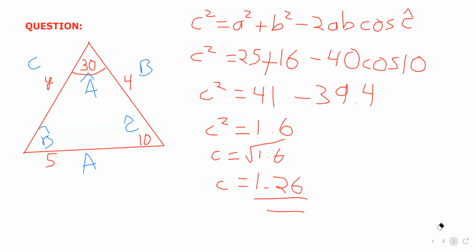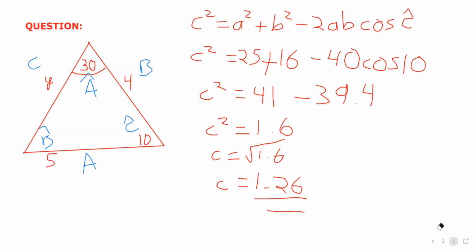But just remember, when you're labeling a triangle, the pair that you have the unknown for, let that be C, just to make the application of the equation easier for you.